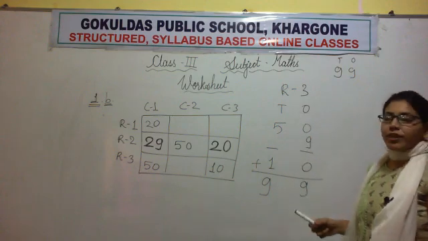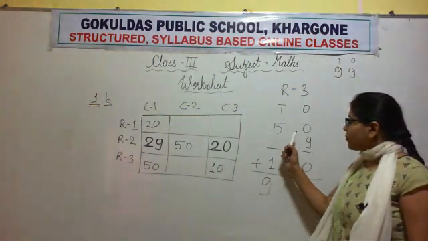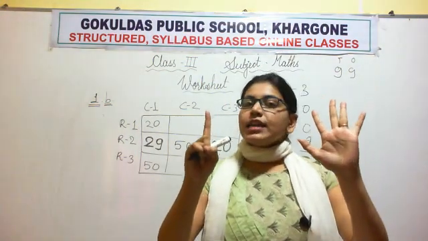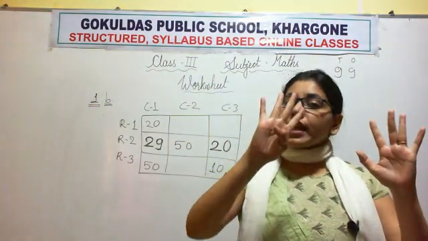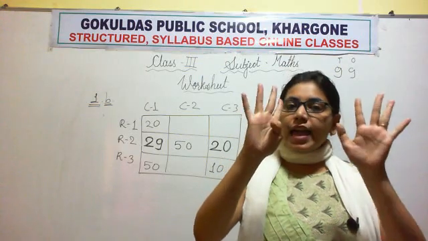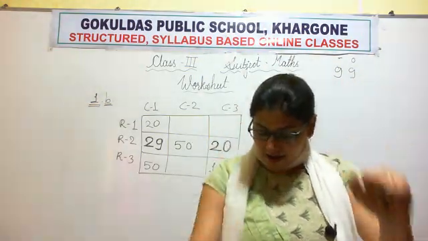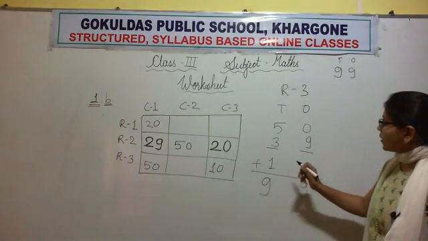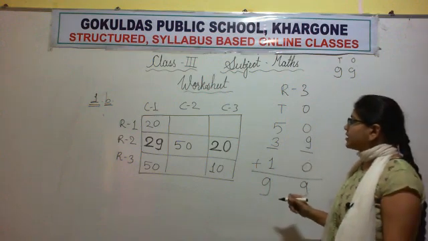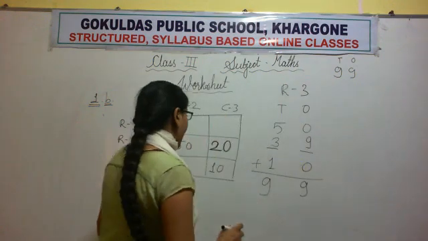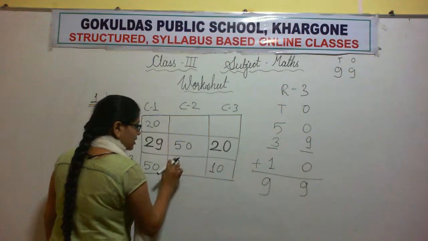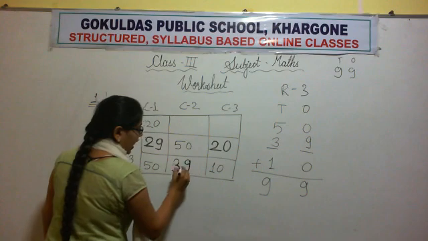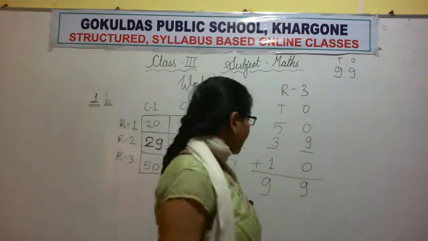So now we are done with ones. Now the tens column. 5 and 1 is 6. So when we will add 3 more in the 6, we will get number 9. So 3 tens and 9 ones means 39.